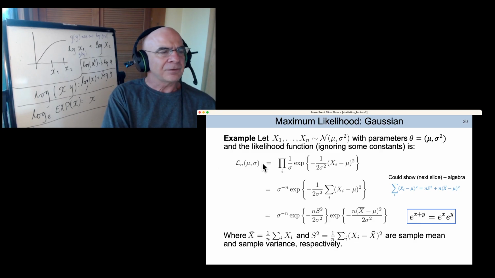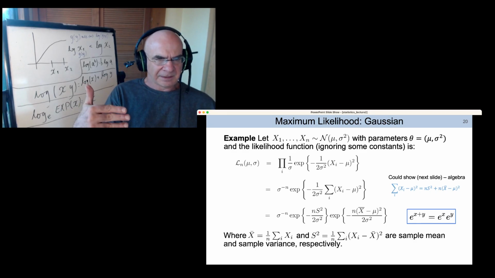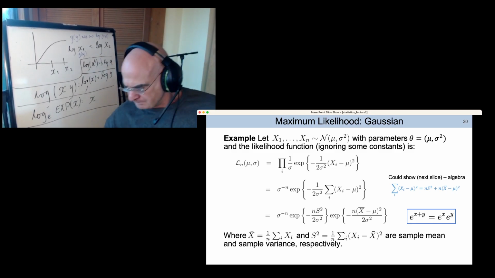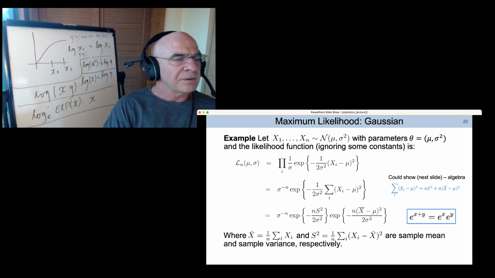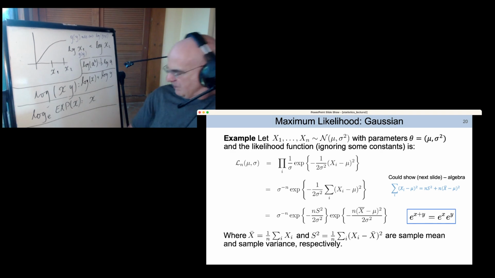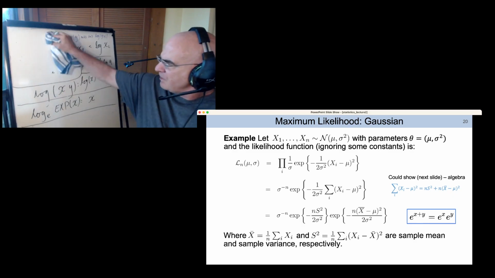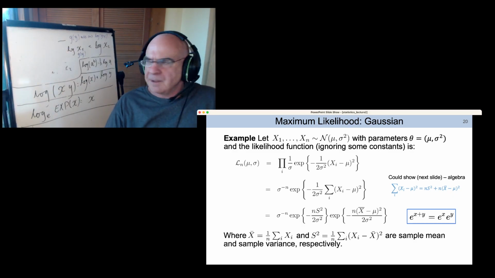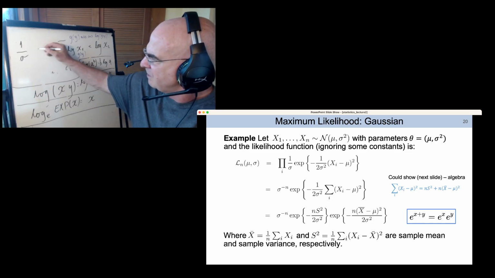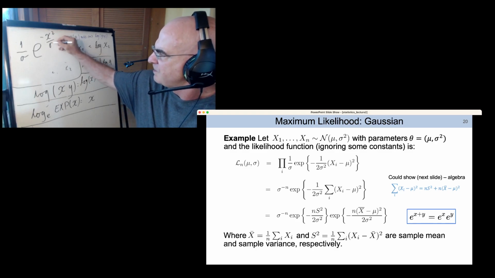What is our likelihood function? Again, we are assuming that these variables are IID, independent and identically distributed. So L_n is just, we need to remind ourselves what a Gaussian is. What we need to remember is that, more or less up to a constant, it's 1 over sigma times e to the minus x squared over sigma squared.